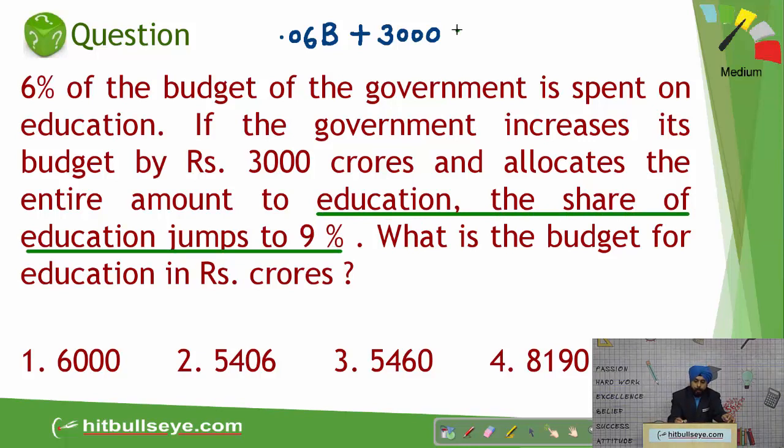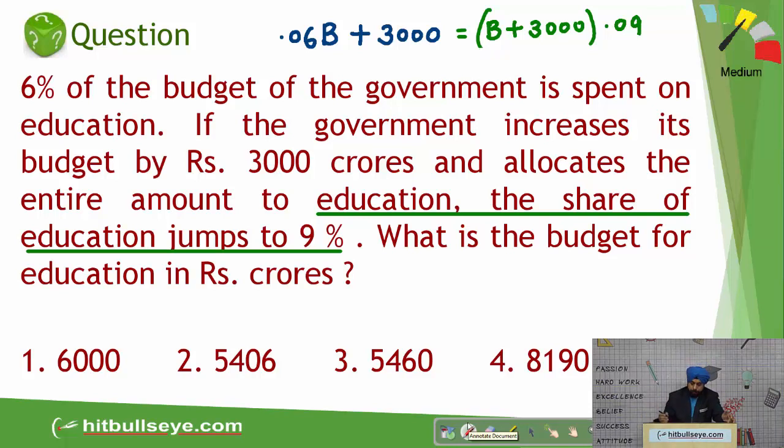Now mind it, what is the total budget this time? This time the total budget is initial B plus 3,000 rupees, and the education expenditure becomes 9% of the same, which you can write as 0.09.